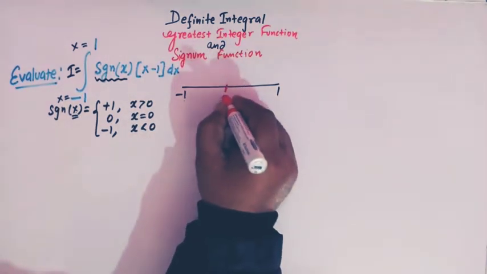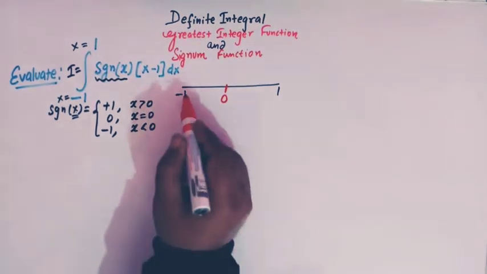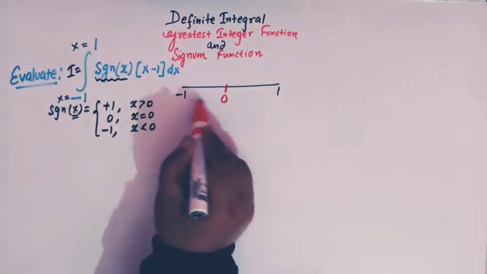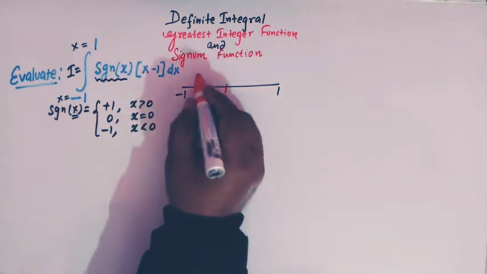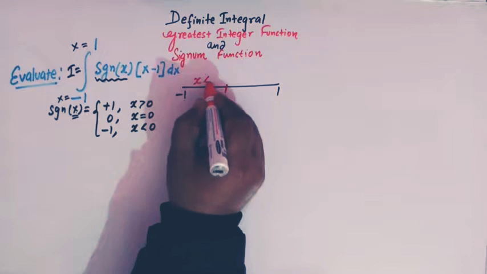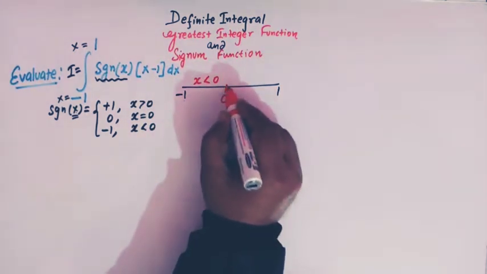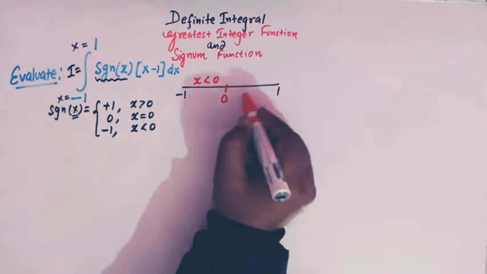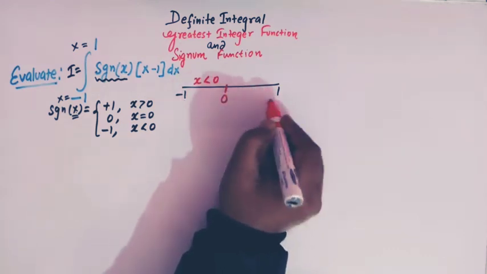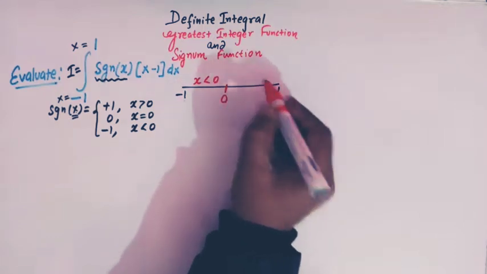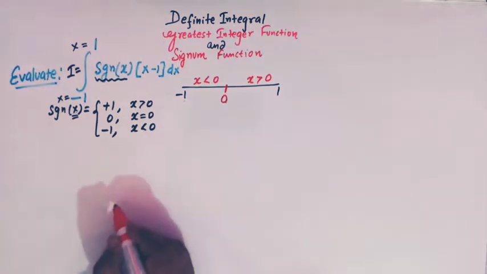So 0 lies between -1 and 1, and when we take the interval from -1 to 0, all the values are less than 0. And when we take the values of x which are greater than 0, we have to take this interval from 0 to 1, so here x is greater than 0.